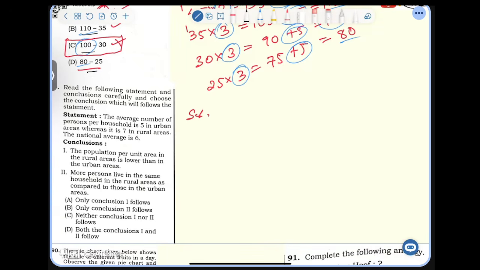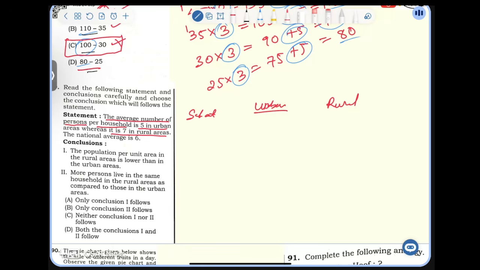see what the statement is. The average number of persons in a household is 5 in urban areas. So there's one thing here, there's urban here. That's number one. Whereas it is 7 in rural areas. So there's rural area.